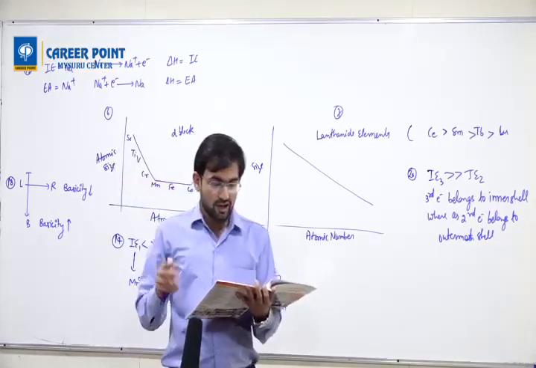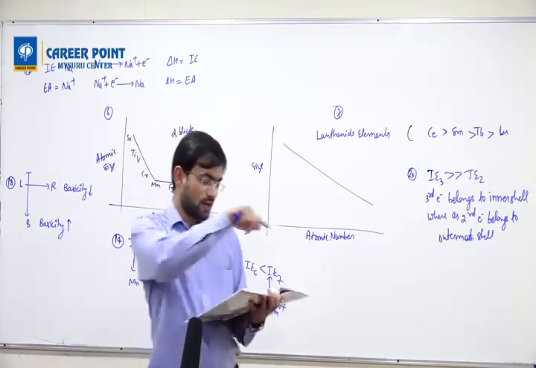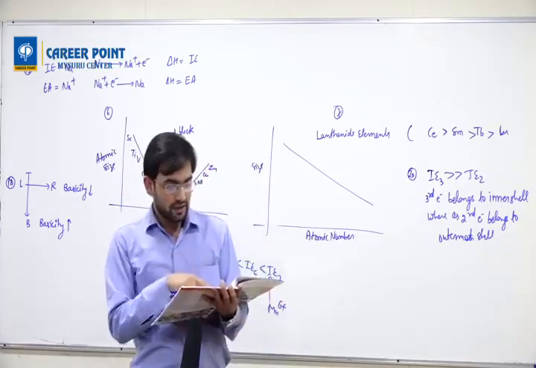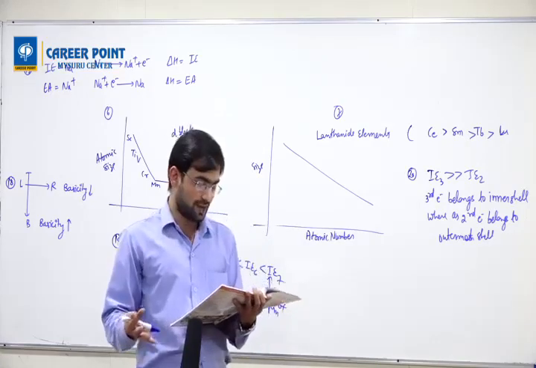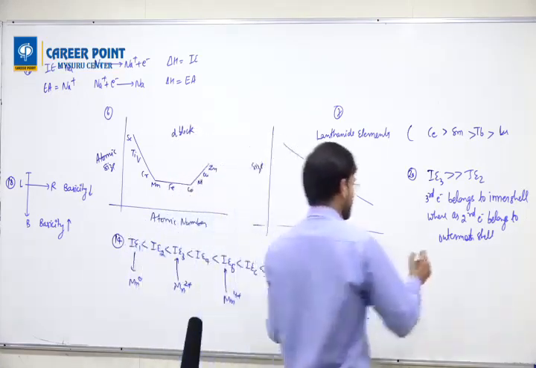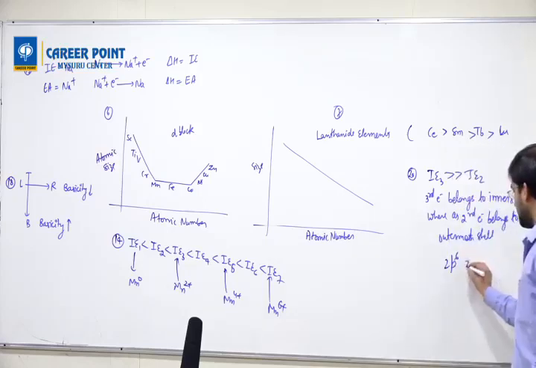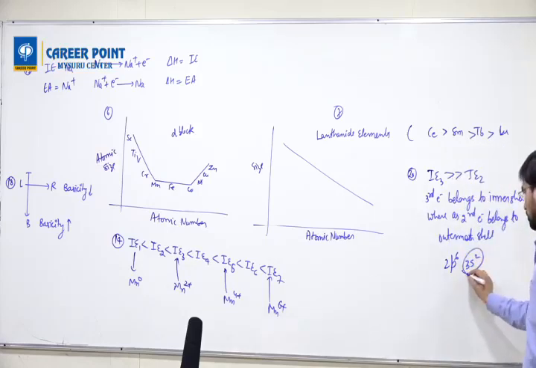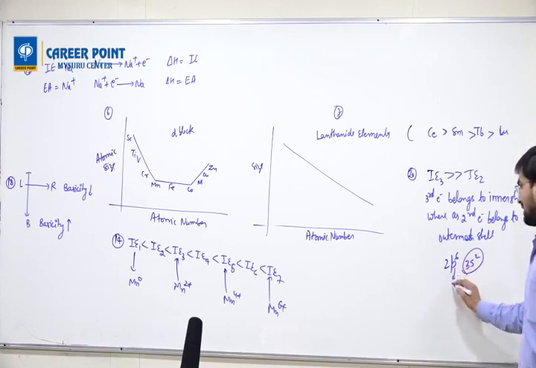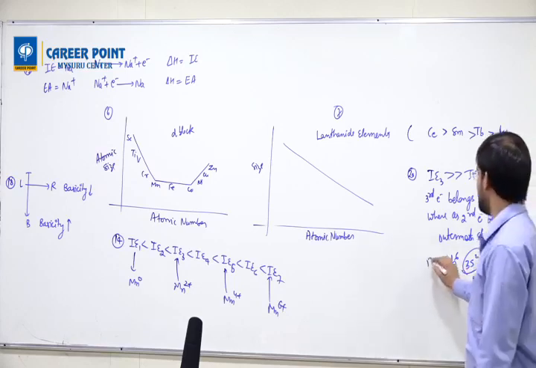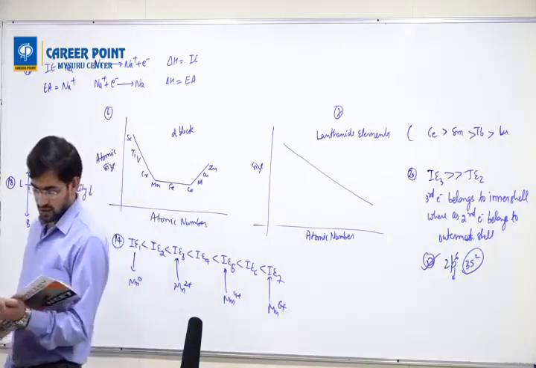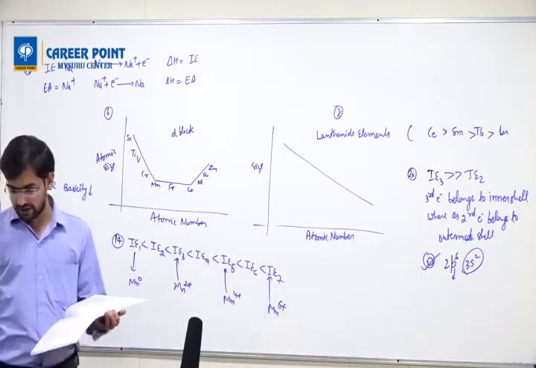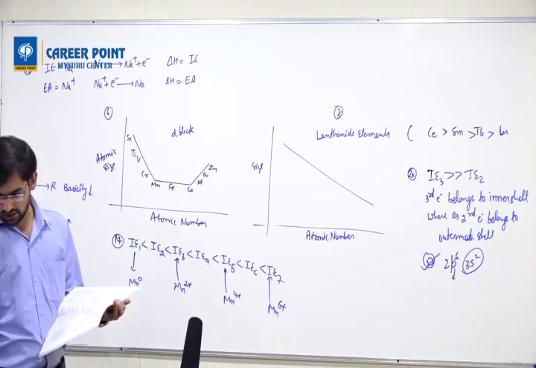In the case of B also, the first electron belongs to outermost, the second to inner shell, and the third and fourth to outermost shell. But in the case of D, where it is written as 2p6, 3s2, two electrons belong to the outermost shell and then 2p6, so the third electron belongs to the inner shell. So D is your correct option. This is question number 20. After that, 22.